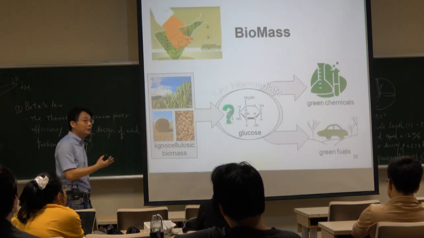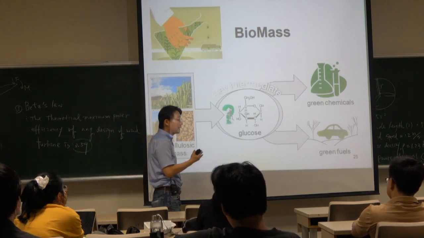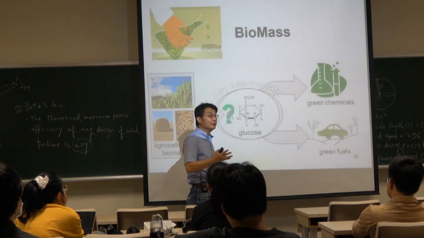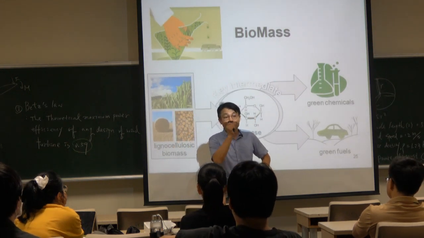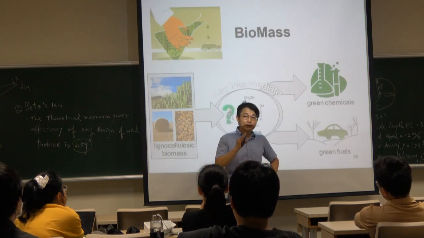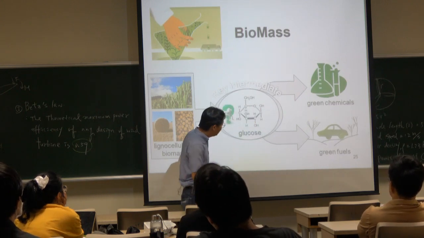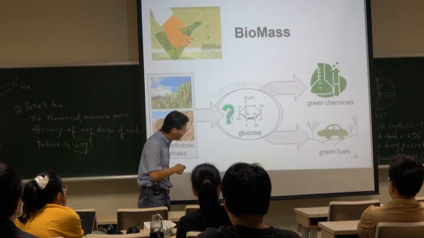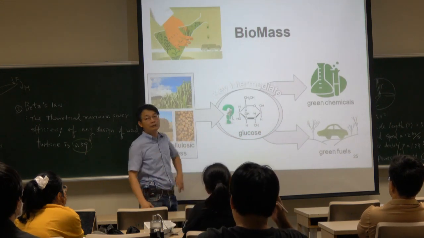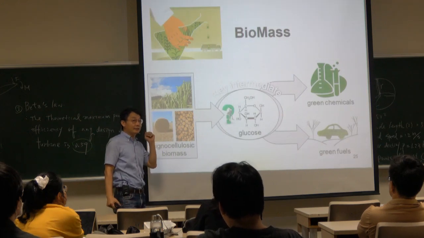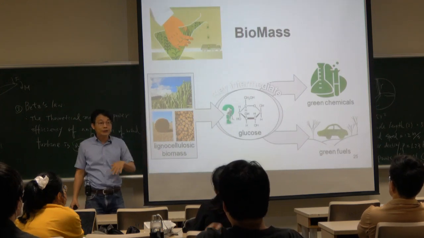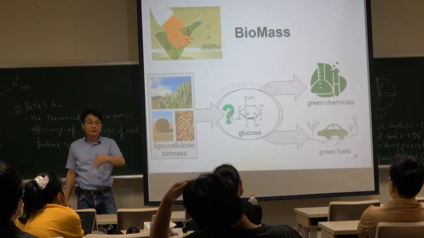You can treat glucose by a fermentation process, just like brewing beer. You can convert such sugars, such as glucose, into alcohol. And burning the alcohol, or ethanol, can significantly reduce emissions, especially carbon dioxide.